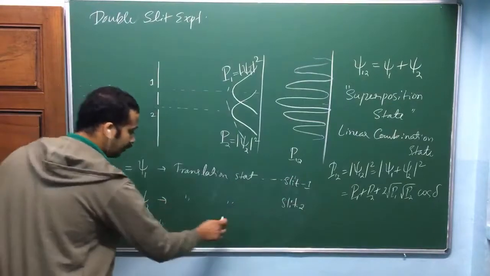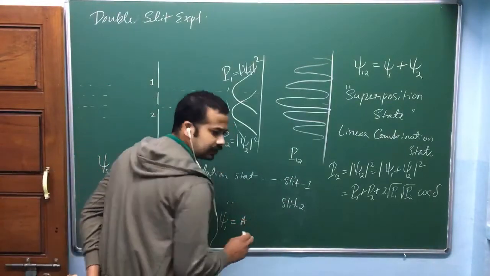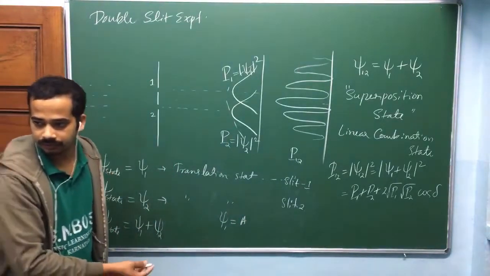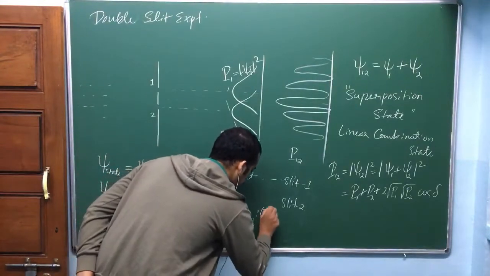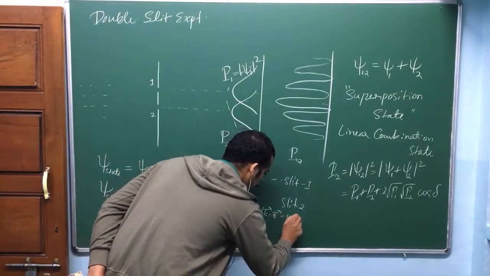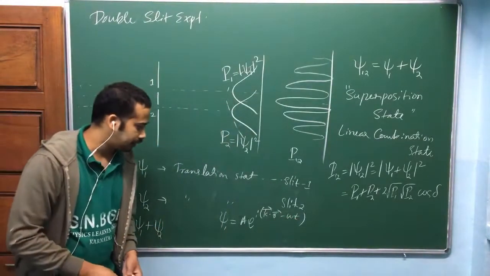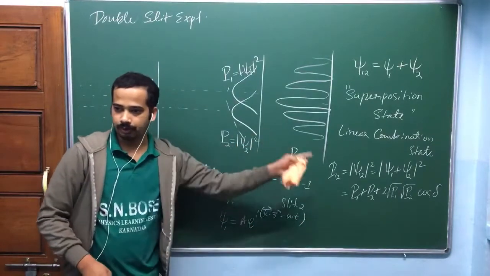Remember, this psi 1 and psi 2 you will get to know. These are exactly similar to our wave optics. Again, after solving the Schrodinger equation, you will get to know these translational states are like this: e power i (k dot r minus omega t) only. Again, this has definite momentum. It has one propagation direction.